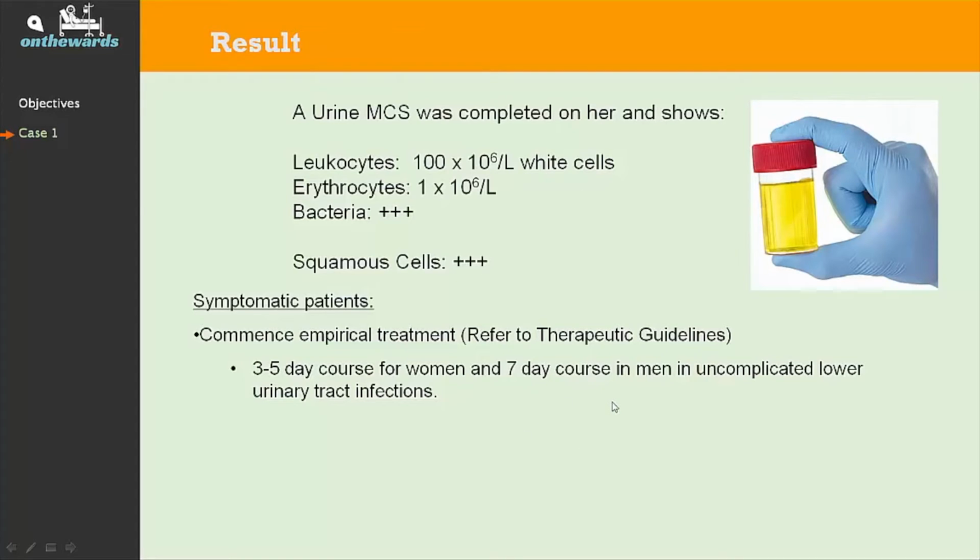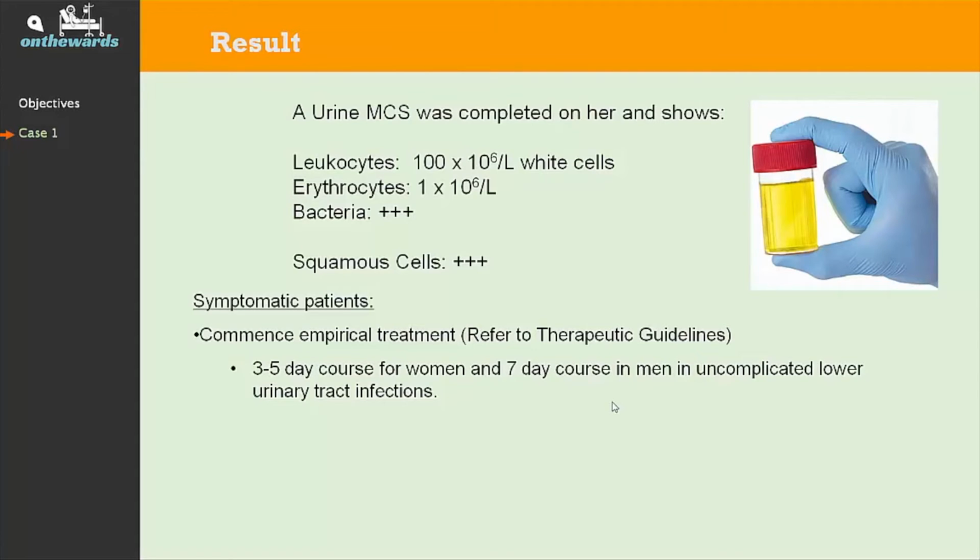And usually with treating a patient, look at therapeutic guidelines, but usually for women, non-pregnant women, it's a 3 to 5 day course of antibiotics. And for men, it's usually a 7-day course in uncomplicated urinary tract infections.